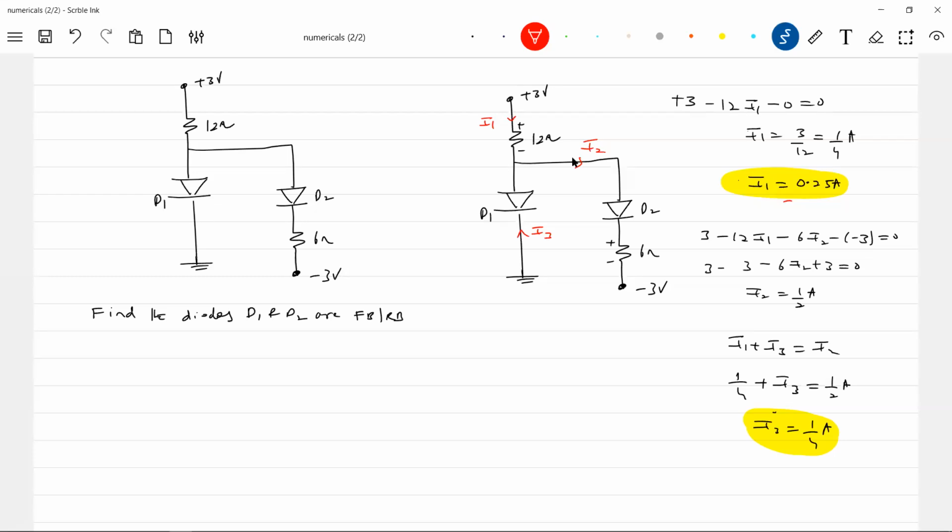So I2 is positive, and therefore we can conclude D2 is forward biased. What about D1? Reverse biased.